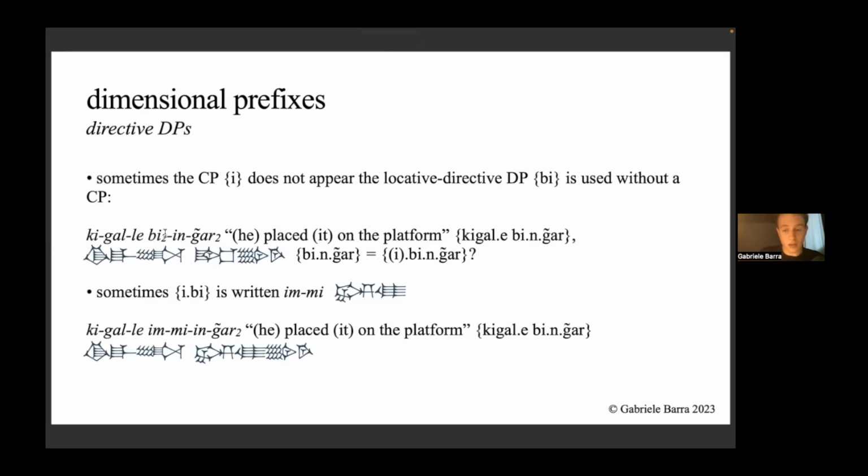E just disappears. It's just not written, maybe pronounced, maybe not. I do not know, and I don't think anyone has a definitive answer. So we're just gonna say it tends to disappear in the writing. So this is the exact same sentence. Kigale, on the platform. Bi ingar, he placed it.